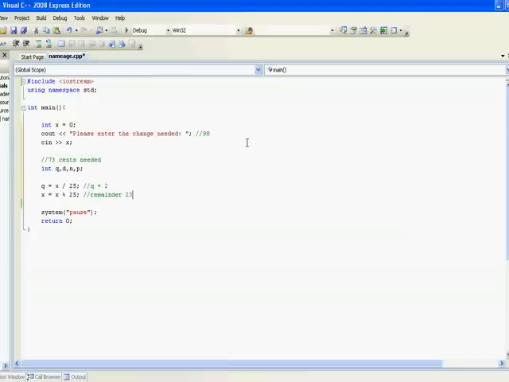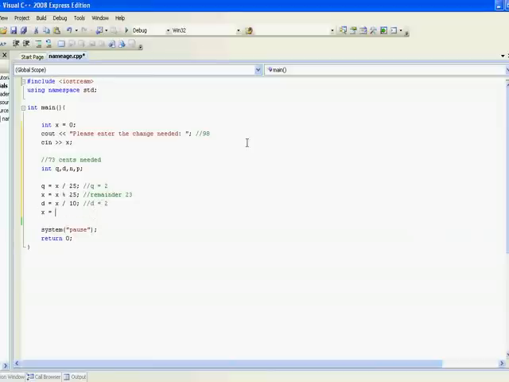So, to continue in the similar process, the dime value is taken by the current x dividing by 10. But now remember, the x from the line above is 23. So 23 divided by 10 is again 2. And now this one's easy. X mod 10.